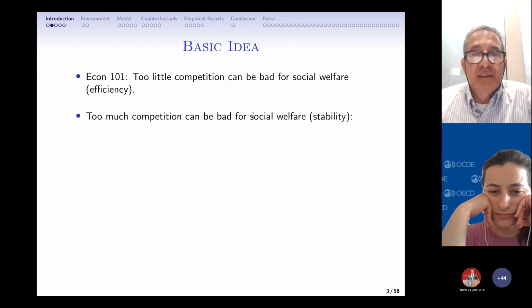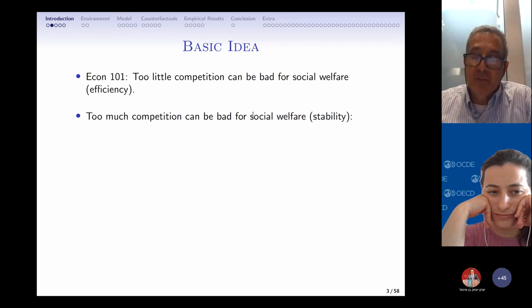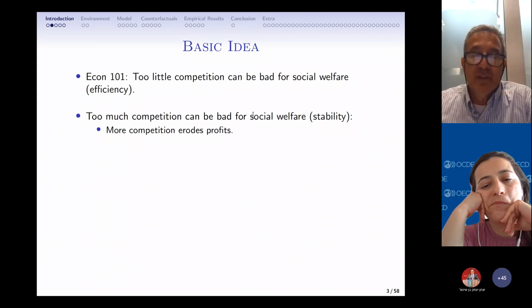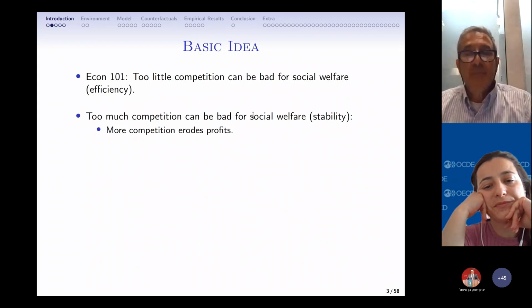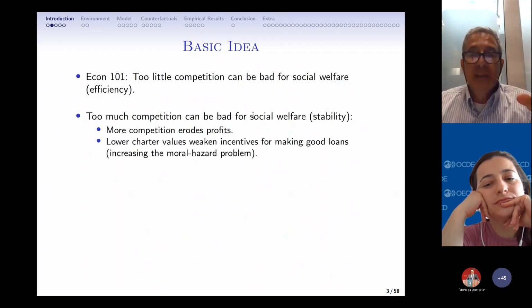But the thing that we were focusing on to some degree is what the other implications of competition are. Too much competition, on the other hand, could in fact be bad for social welfare. And we're not the first people saying this; there's been lots of literature. It's a very simple idea that if I have more competition, it's going to erode bank profits.